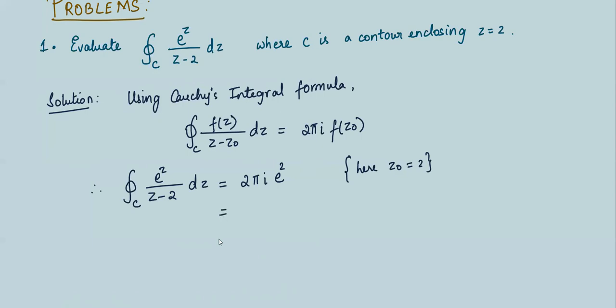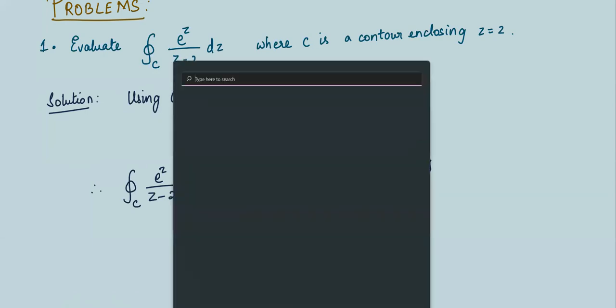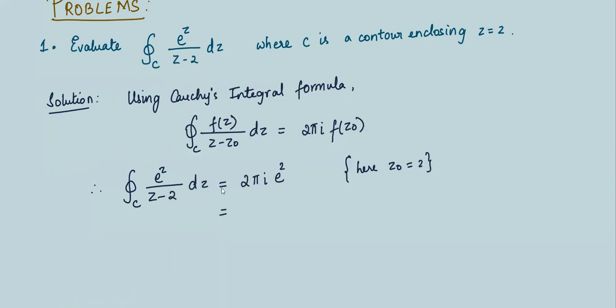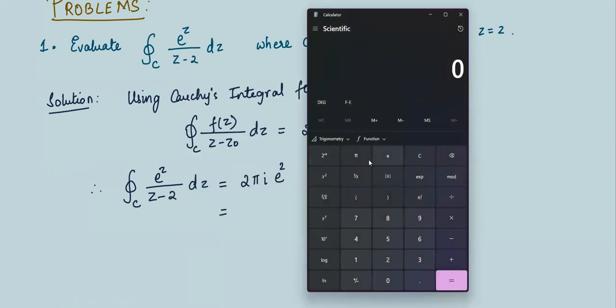Now, sometimes the value is also asked. So 2 pi e square, let's say e square times 2 into pi. So you get 46.426 or 4268.